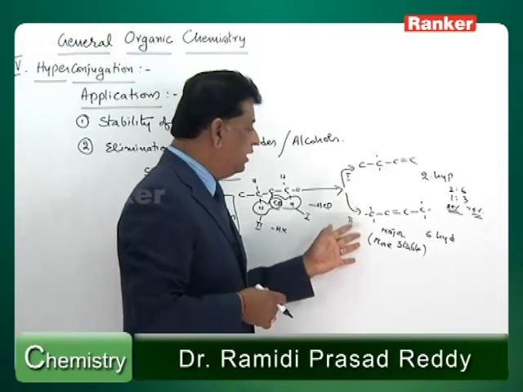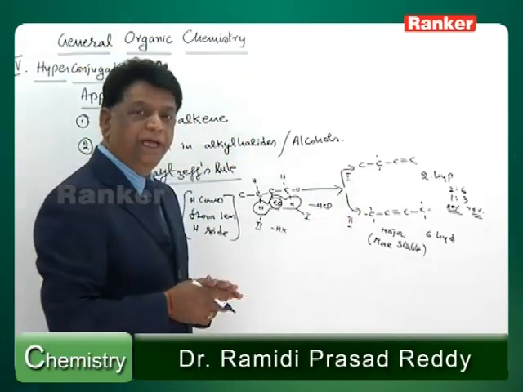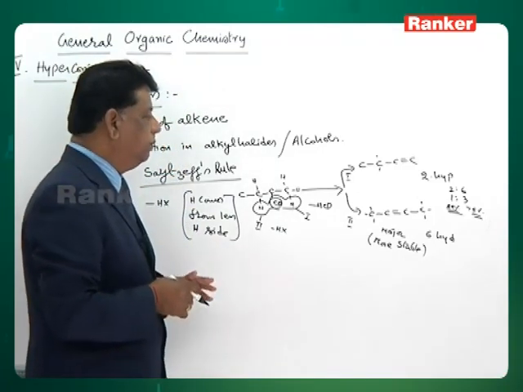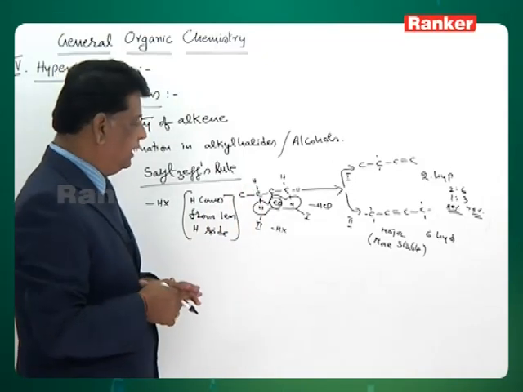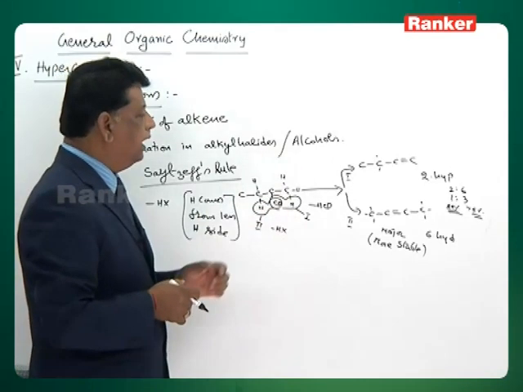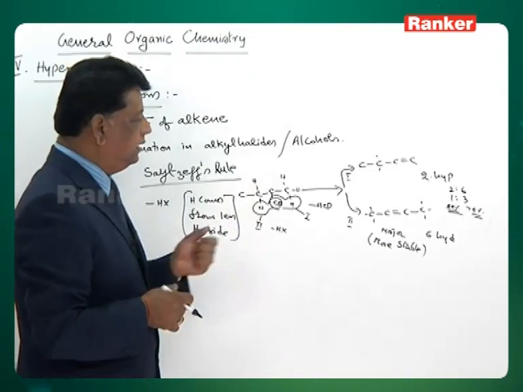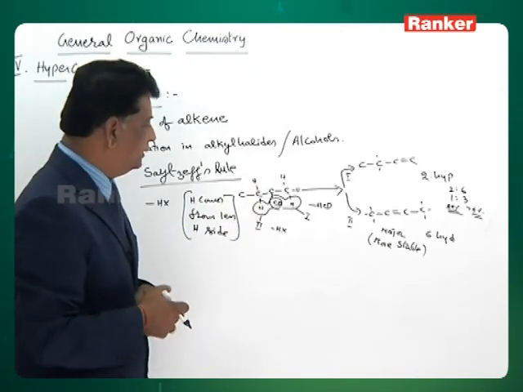So we are able to guess not only the major product but almost the percentages also, because the available hydrogens are the criterion for this calculation of percentages.